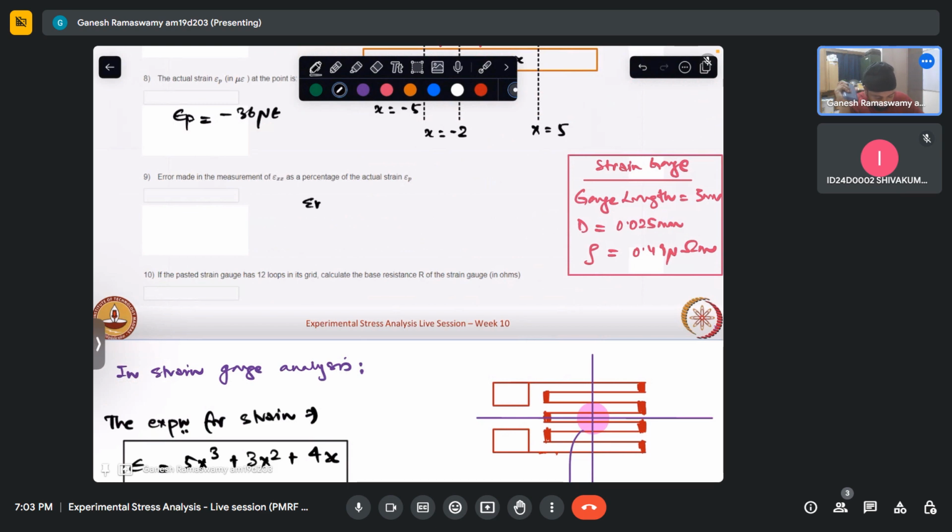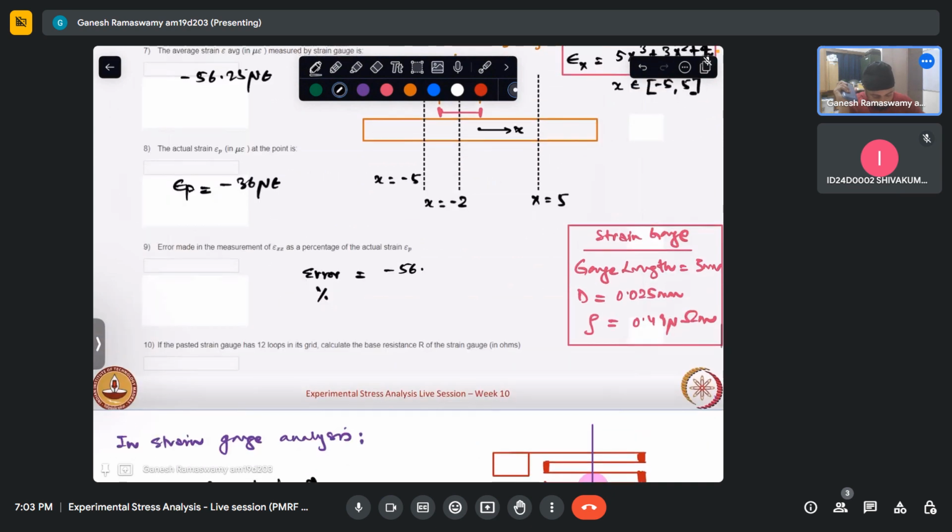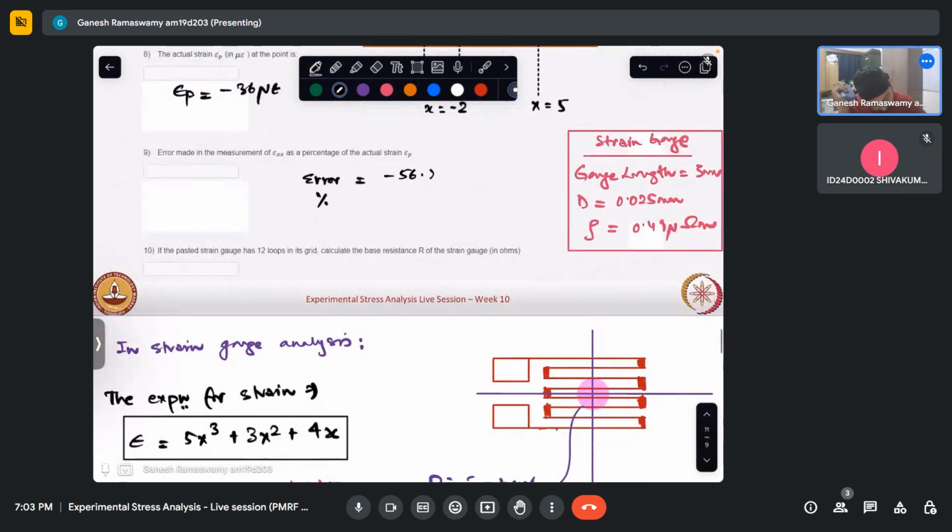Error made in the measurement as a percentage of epsilon t. So the error as a percentage is minus 56.25 minus of minus 36 by minus 36 into 100. So how much does this come out to be?